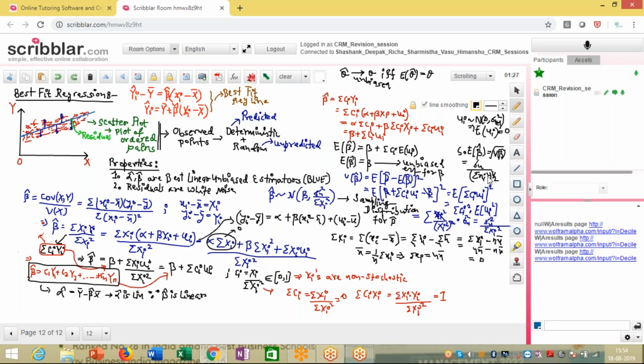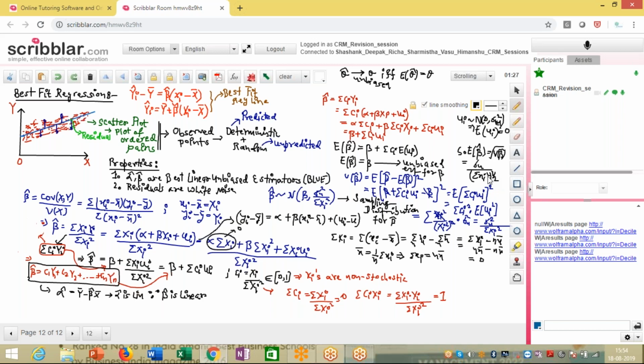So over here, some of the important results that we have obtained till now, till the last 1.5 hours of discussion are: number one, the key properties of the best fit regression line, that alpha hat and beta hat are to be the best linear unbiased estimator. We have seen that beta hat is the linear unbiased estimator because it can be written as a linear combination of the yi's and the non-stochastic xi's.